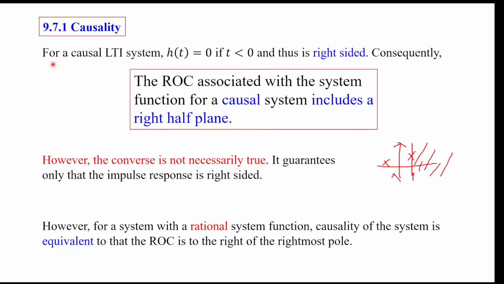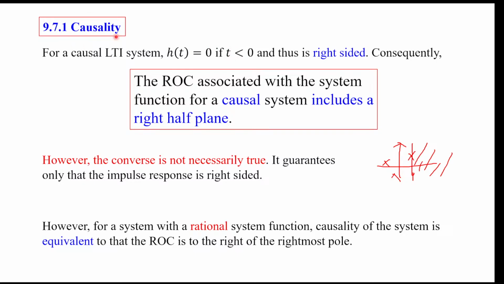In chapter 2, we said that a system is causal if and only if h of t equals 0 for t less than 0. So your h of t only starts when t is greater than 0. And now we think about what this is, and we see this is a right-sided signal, because it has a right-sided bound at t equals 0.